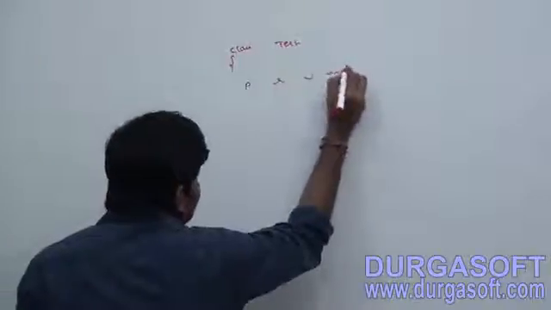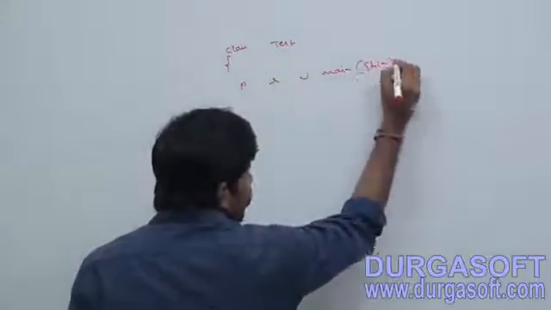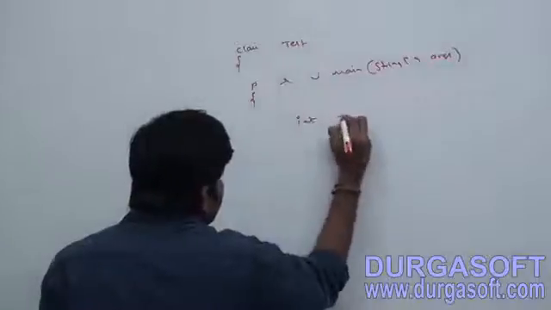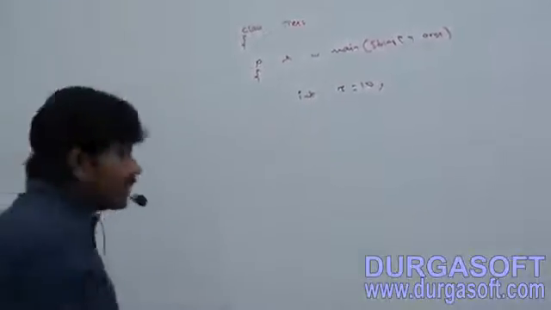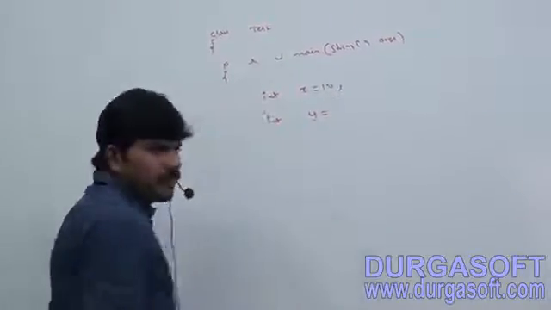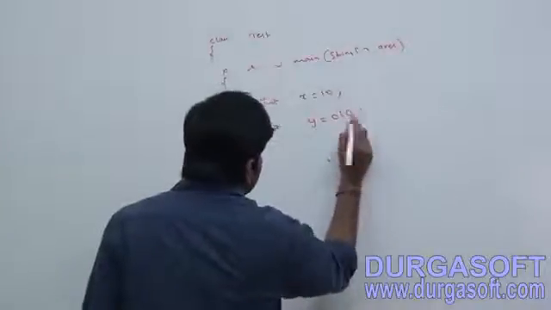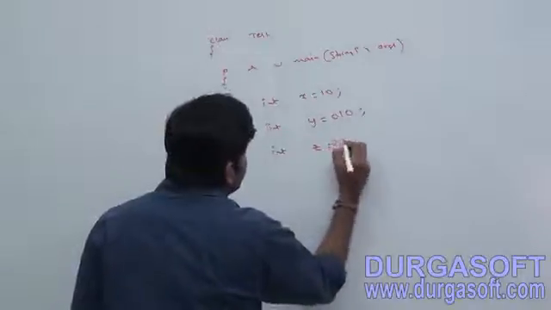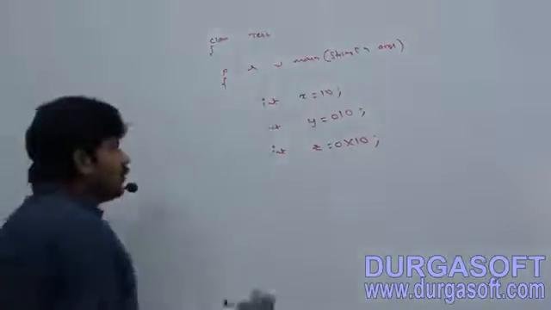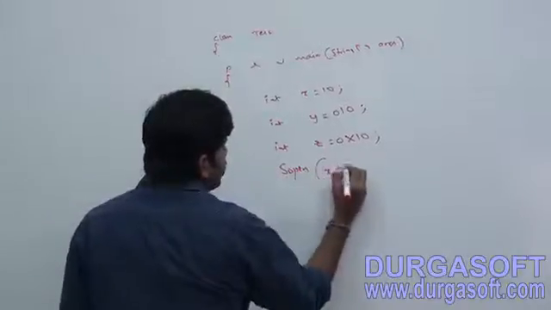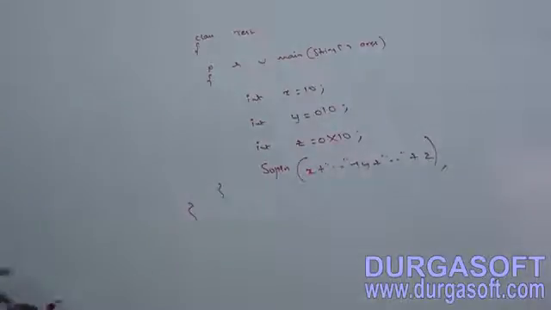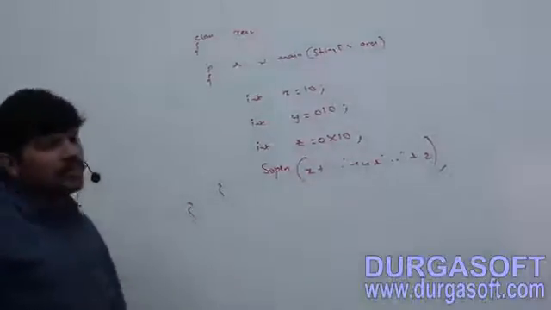I am taking class test, executable code only, even your knowledge is enough to answer this one. public static void main(String[] args), int x is equal to 10, int y is equal to 010, int z is equal to 0x10, System.out.println of x, y, z. Sir, can you tell what output we are going to get by default?